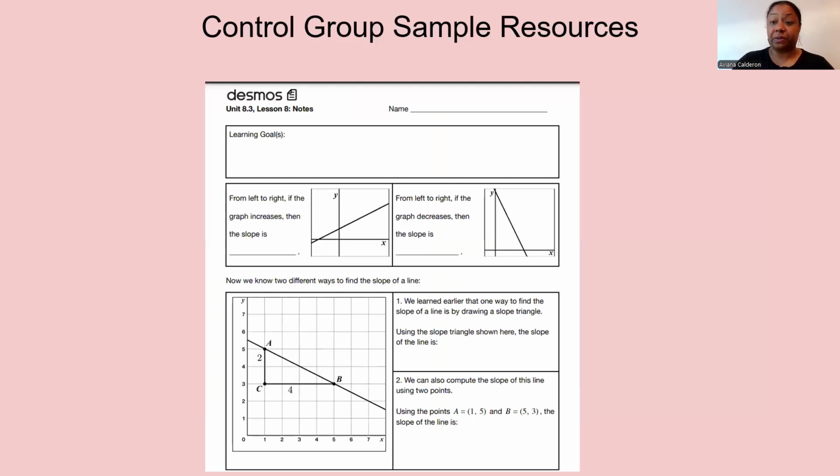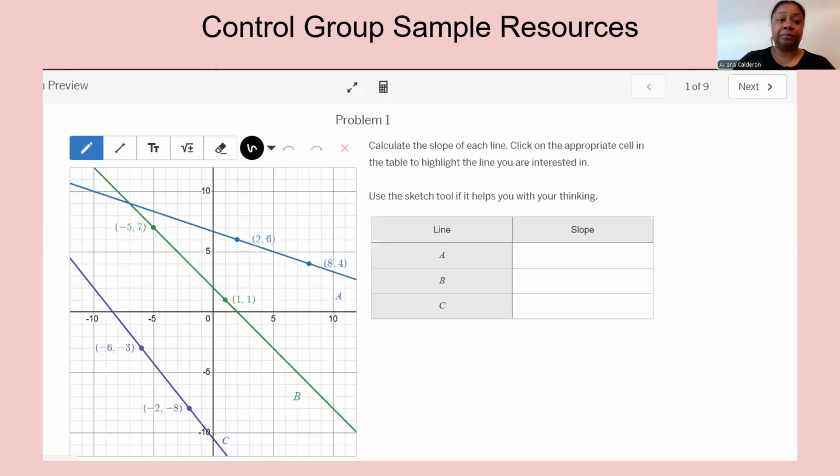And here is just another resource that was used during that time that, again, aligned with the Desmos curriculum. As you can see at the top, this came straight from the Desmos curriculum. That is a strictly online platform.